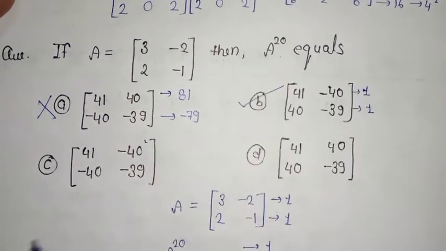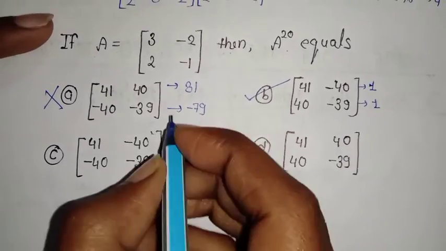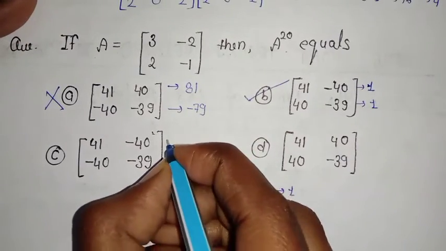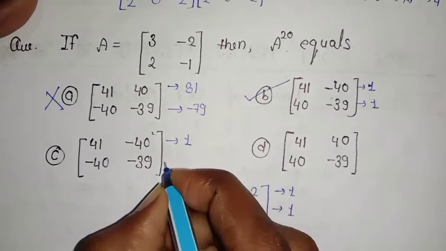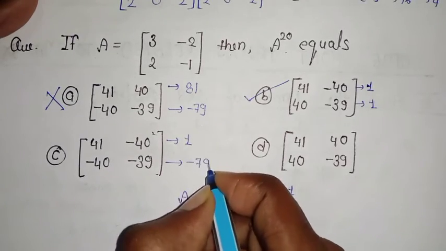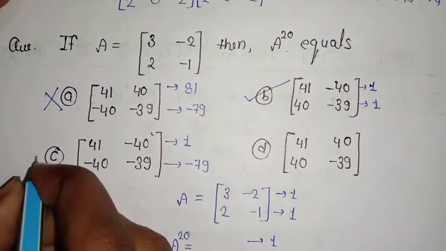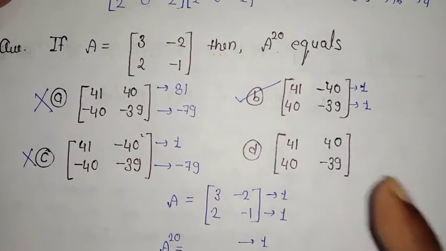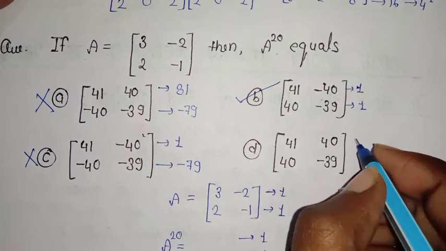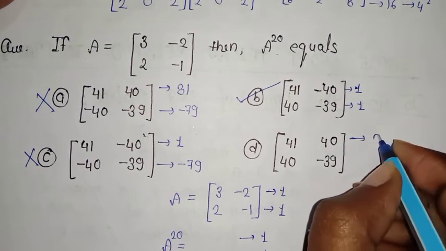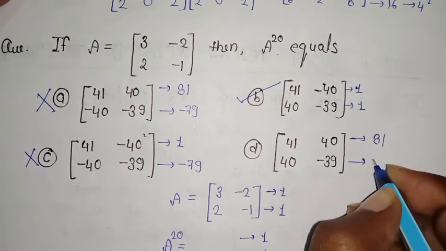Now we will take the next one. Sorry, this one becomes 1 and this is minus 79. So this is the same, but this becomes 79. So this option is also wrong. Now we take the last one. The row sum of this row is 81 and this is 1. So this is also discarded.